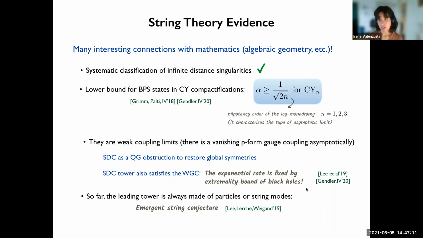So it's an open question whether this tower of states could be made of something which is not a particle or a string, like a membrane or a higher dimensional object, which would be very interesting, but also extremely surprising, because that would mean that we get some sort of membrane theory in lower dimensions or something like this, which is weakly coupled. And it has been very difficult to find a membrane theory already. I mean, a weakly coupled membrane description for M theory. So it would be amazing if we can find it.